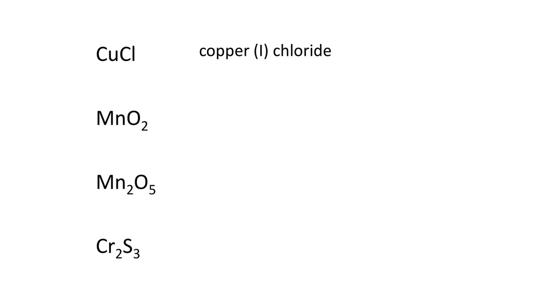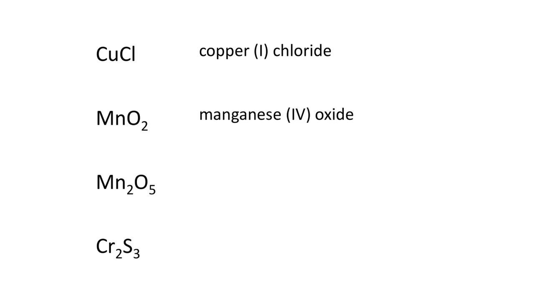I know that oxygen likes to form ions with a charge of -2. There are 2 oxygen ions in this compound, so the total negative charge from the anions is -4. That means that the positive charge on the manganese ion must be equal to +4 in order for this ionic compound to be neutral. So the name of this compound would be manganese 4 oxide.